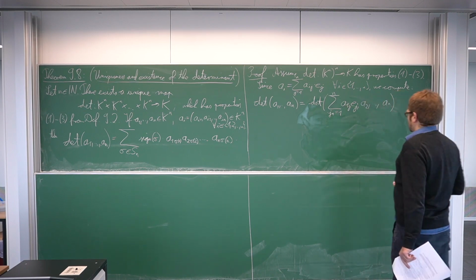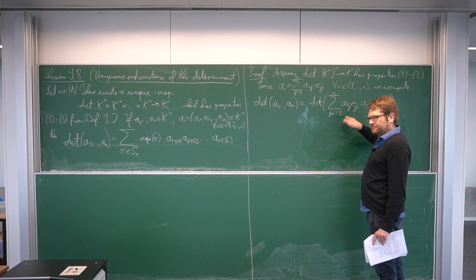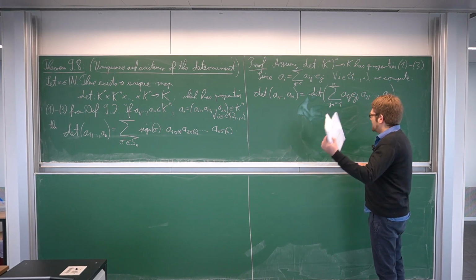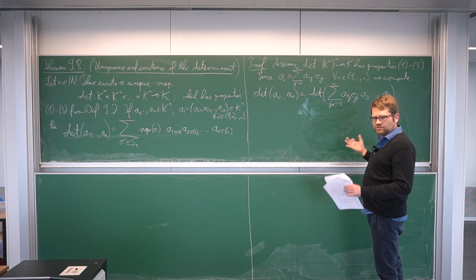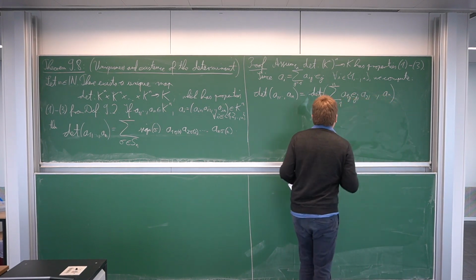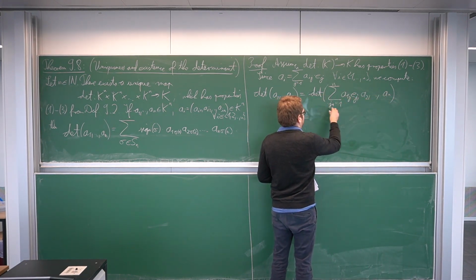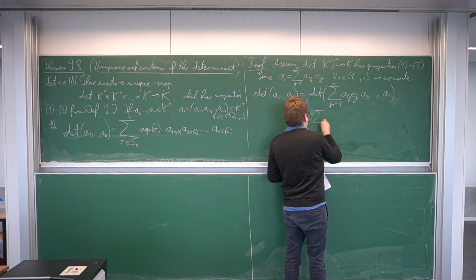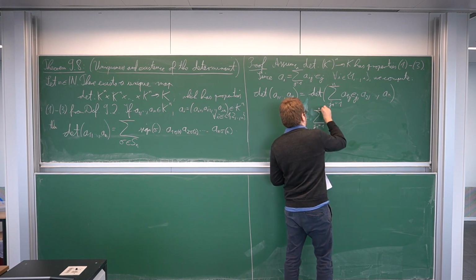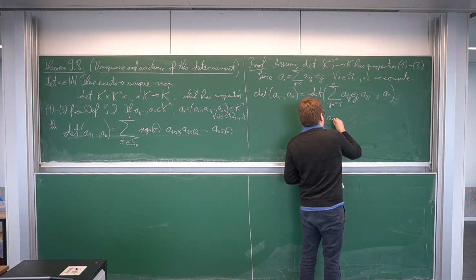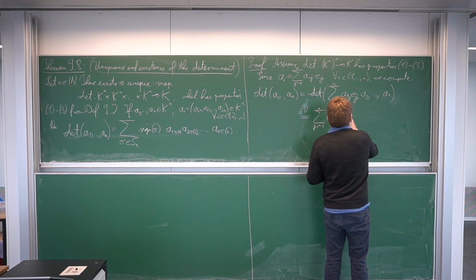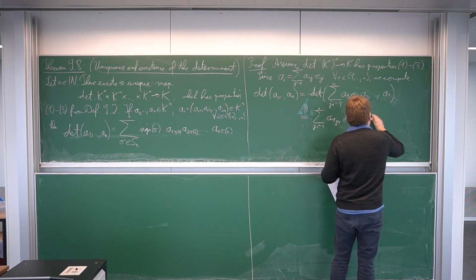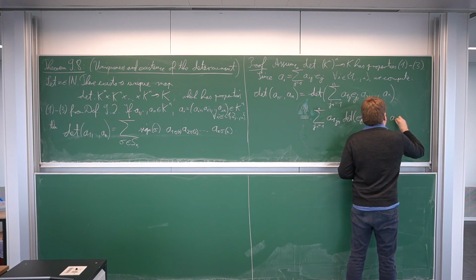Now we can already use the first determinant property, because we can use multilinearity. This is a finite sum, and I've only formulated this linearity principle for the linear combination of two elements, but as we've seen before, this already extends to finitely many. So by property 1, multilinearity, this is the same as the sum from j1 equals 1 to n of A1 j1 times the determinant of ej1, A2 to AN.